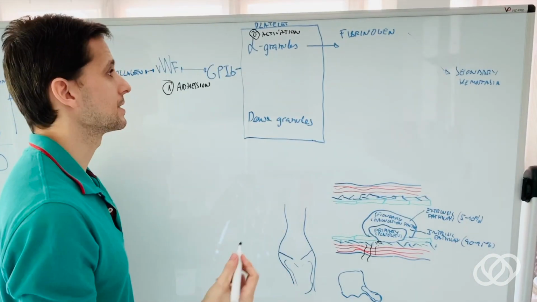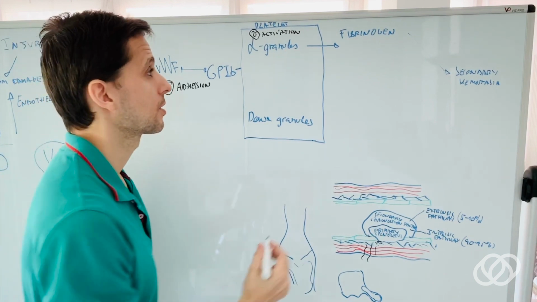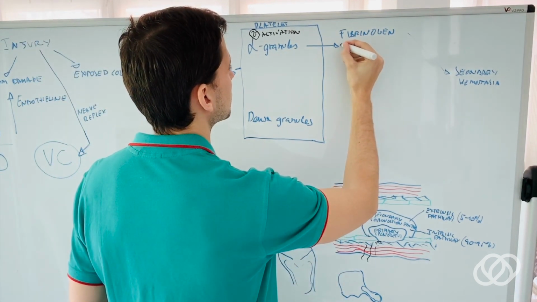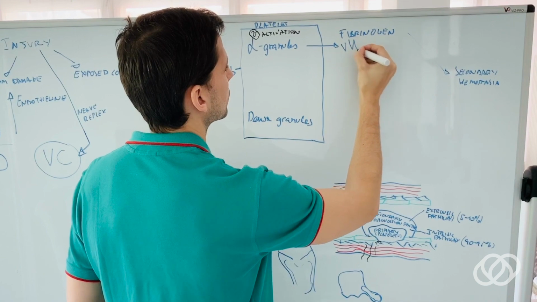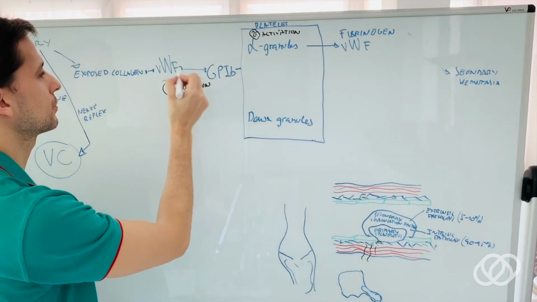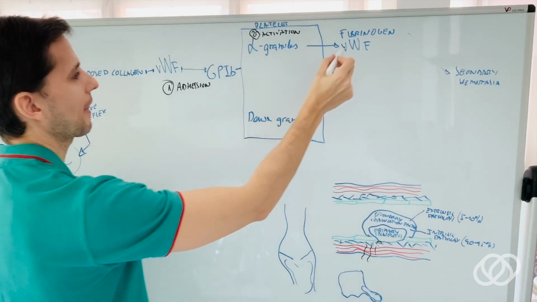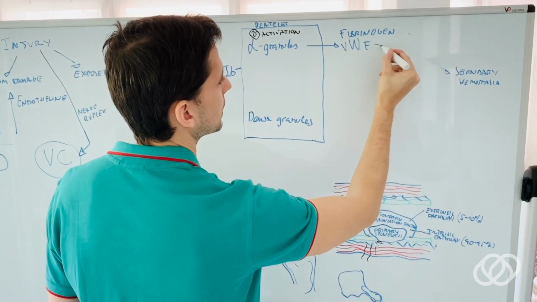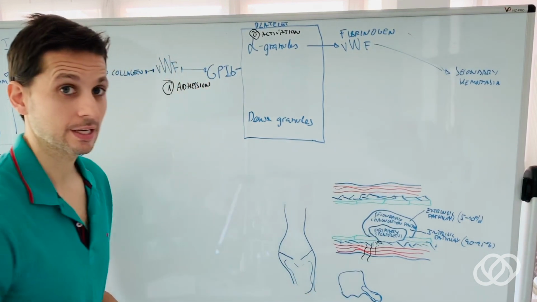Also, inside the alpha granules, we will find more von Willebrand factor. We already know that it's very useful for this platelet adhesion, but it will also help in the secondary hemostasis later.